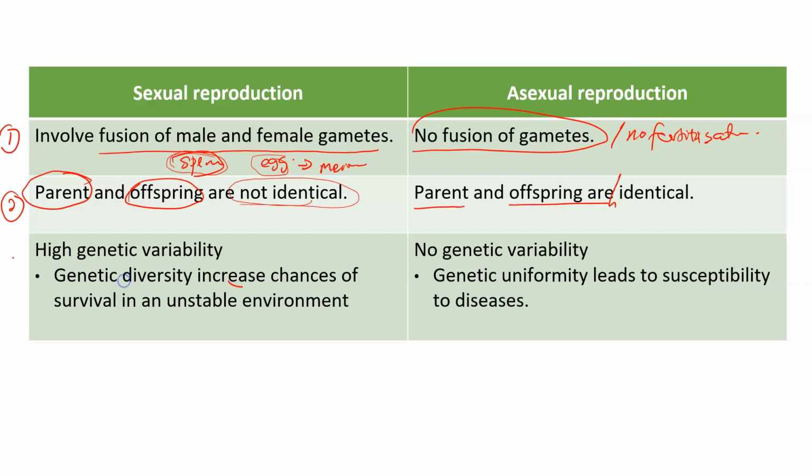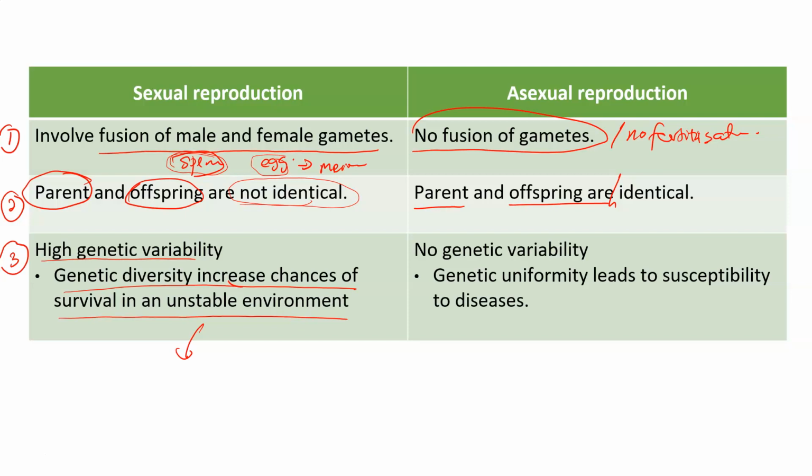Okay, so the third difference: for sexual reproduction, there is high genetic variability. Genetic diversity increases chances of survival in an unstable environment. That's why animals that practice sexual reproduction can be found anywhere and can survive, such as, for example, us humans.